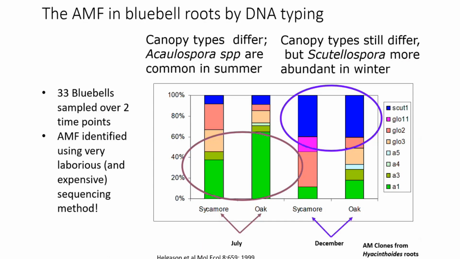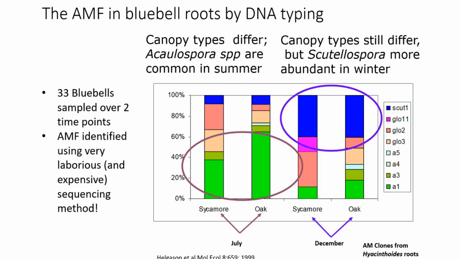Right, so this was the very first attempt to classify and quantify mycorrhizal communities in a field system using DNA, or arbuscular mycorrhizal communities, I should be specific. What we did was we chose several sites within the woodland under different canopy types.